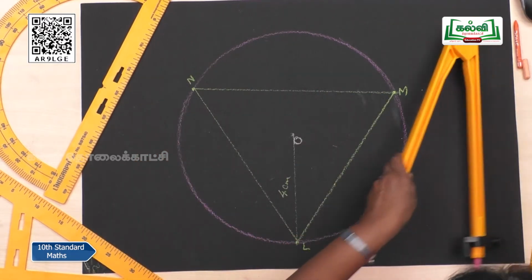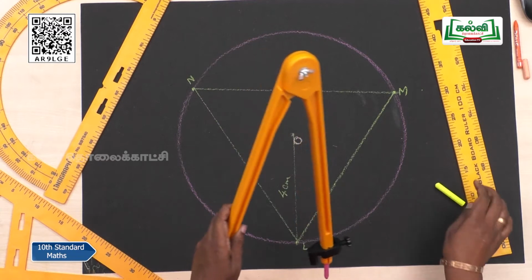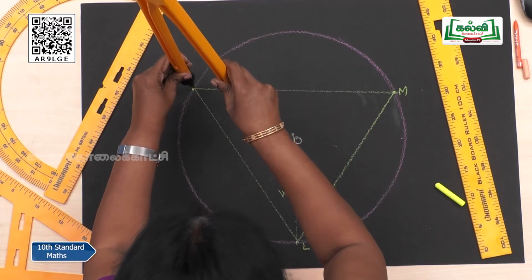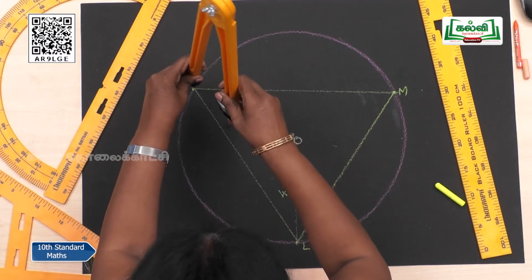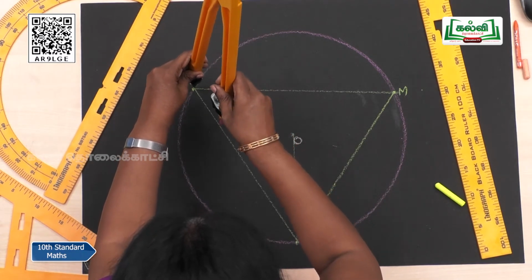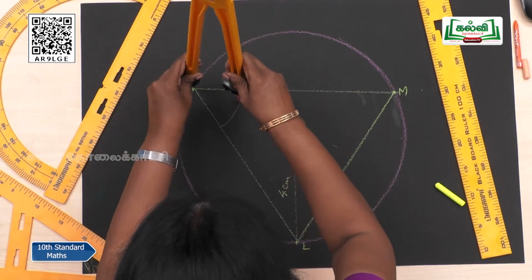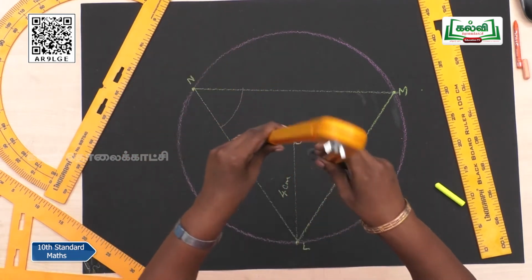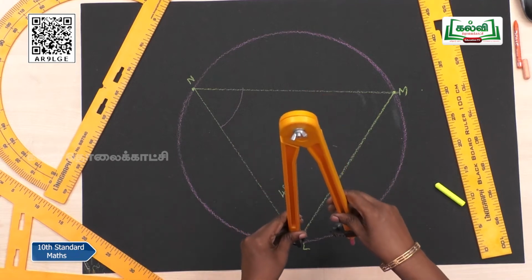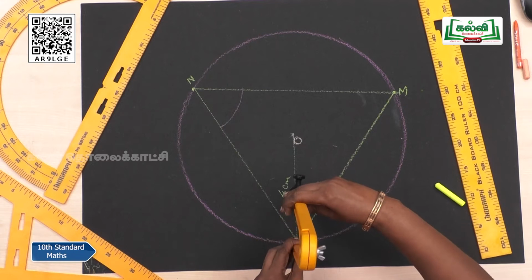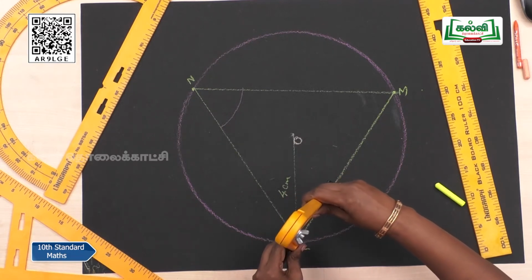Now, take your compass and just keep it at the point N. It is of your convenient radius only. You can draw one arc. Okay. Don't change it. Again, keep it at the point L and draw an arc.